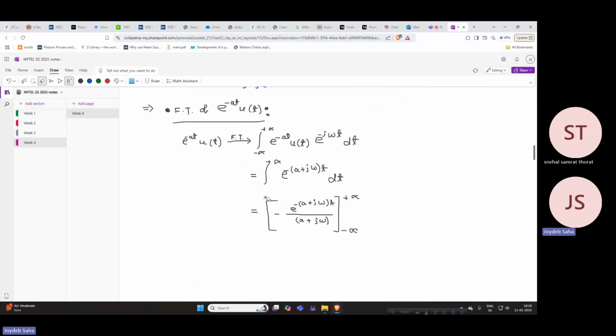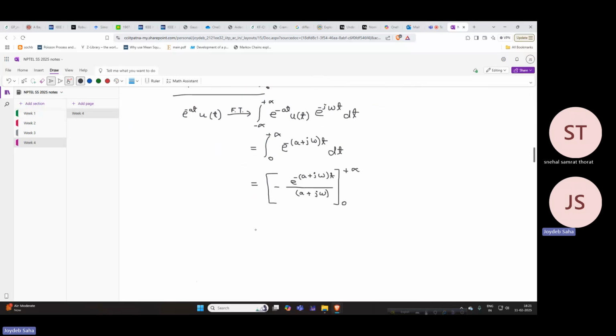Because here it is u(t), and for negative t, u(t)'s value is 0. u(t) means its value is 1 for t greater than 0.